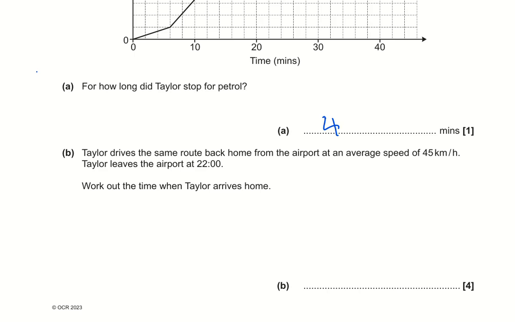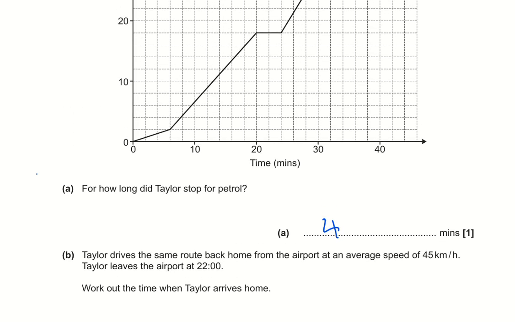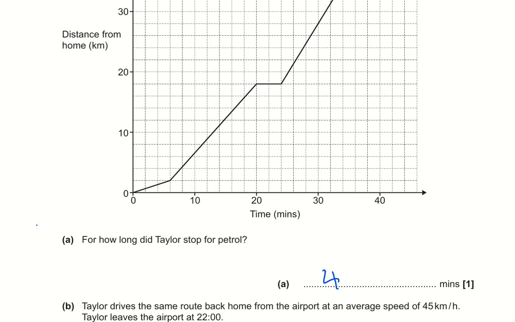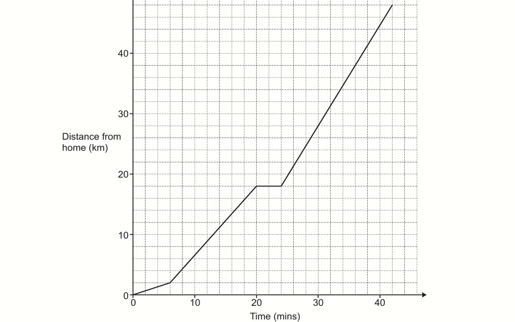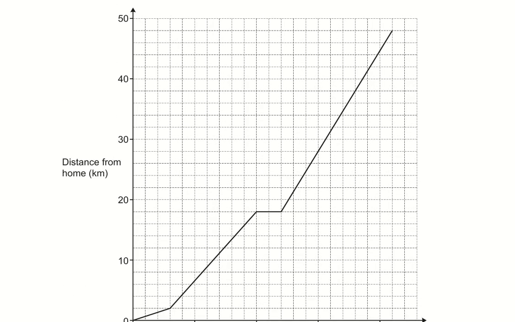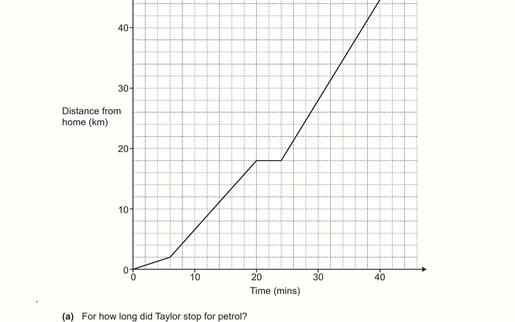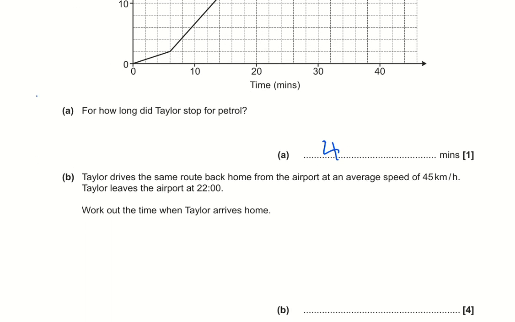Okay, so let's go back. Taylor drives the same route back home from the airport at an average speed of 45 kilometers per hour. Let's think about the distance first.